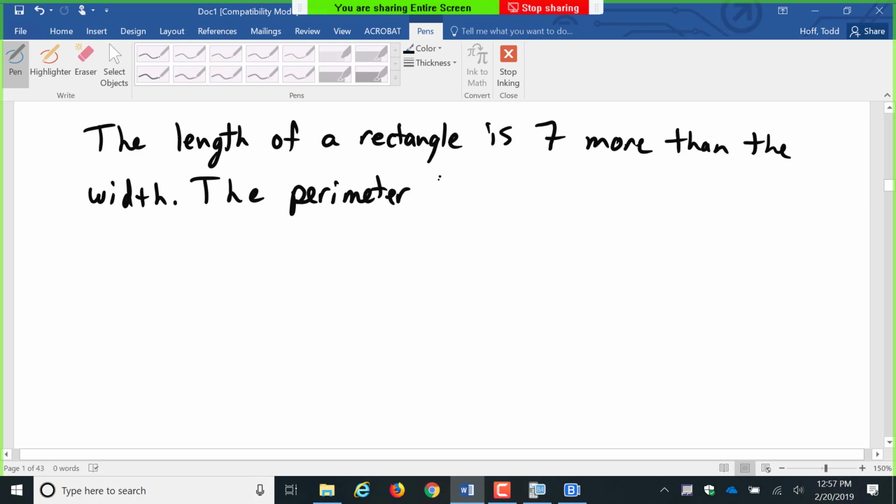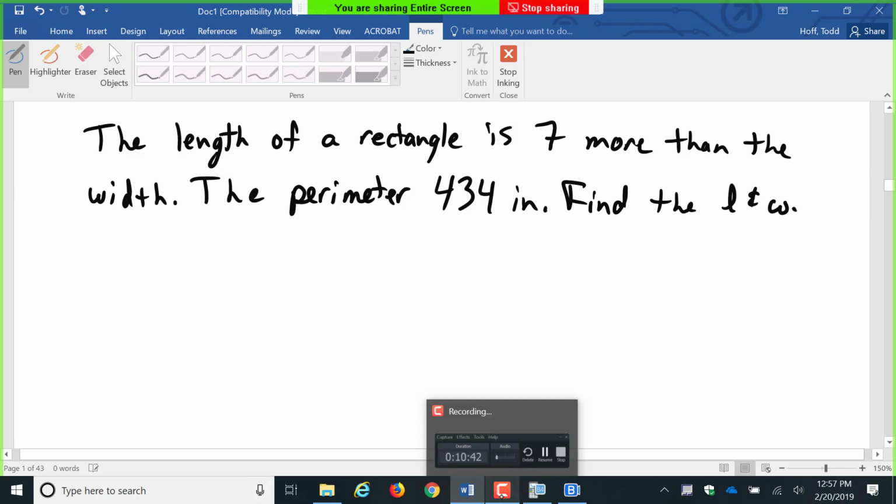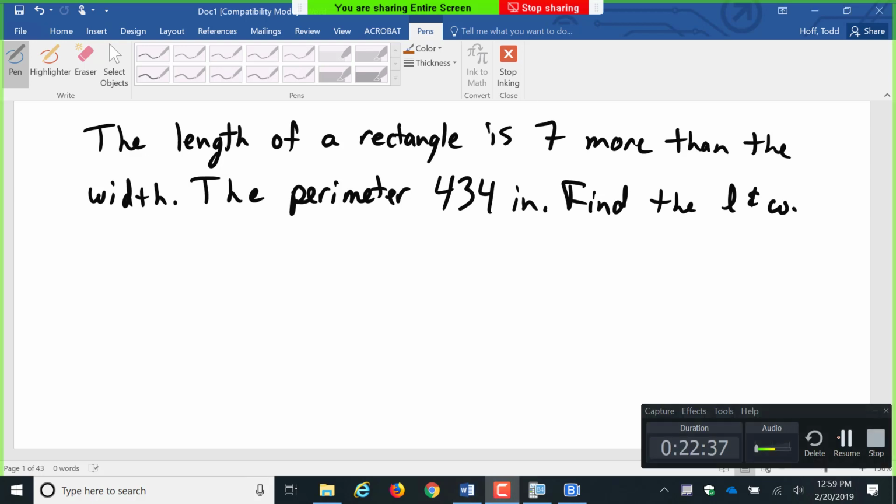The perimeter is 434 inches. Find the length and width. I'll give you a couple minutes to try that one, then we'll go over it.